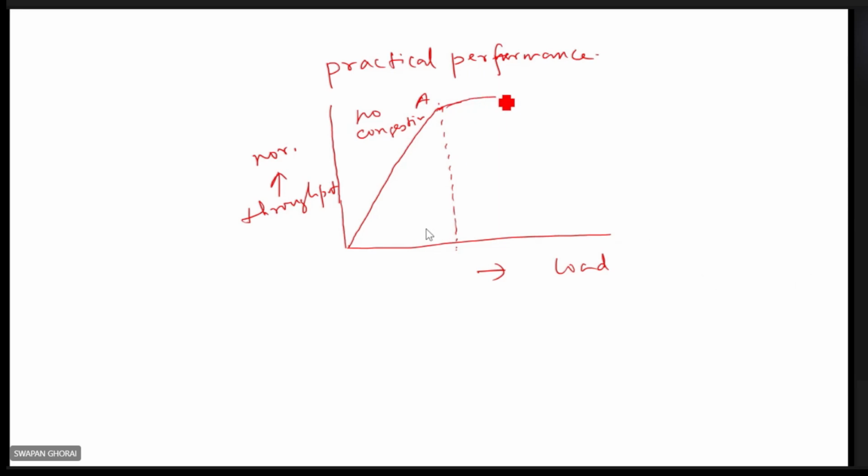So it will reach some point B when moderate congestion is here, and even beyond that, if you increase the load further, severe congestion will be there. In that case, throughput will be decreasing, and ultimately it will be 0. Right? It is the case of severe congestion.